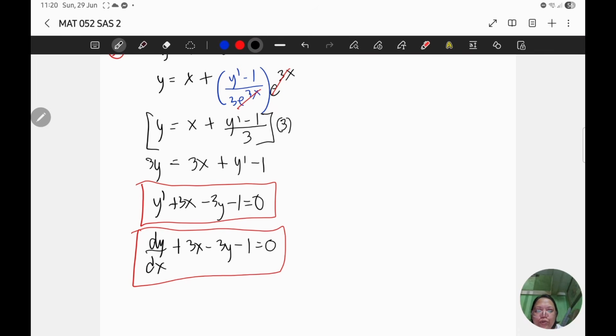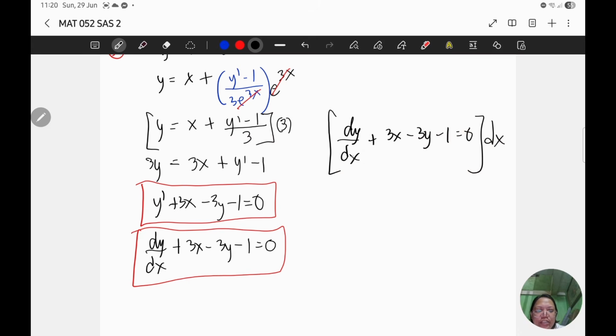Another way of writing our solution is we put the equation into differential form. So to do that, we will multiply the equation by dx to get rid of the denominator. So this is our equation, dy over dx plus 3x minus 3y minus 1 equal to 0. Then we multiply both sides by dx.